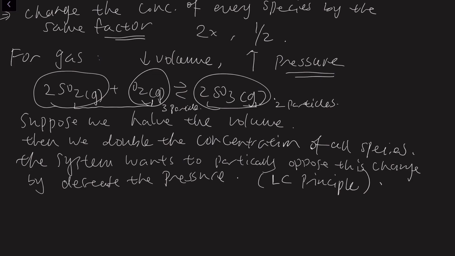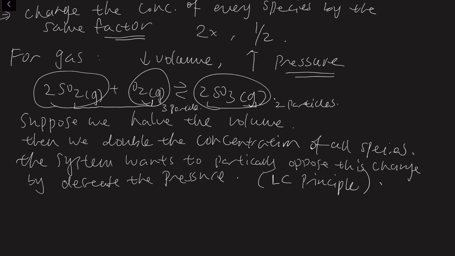So which side of the reaction would decrease the number of particles in your system? It's the forward reaction. So you are using up 3 particles, but only producing 2. So 3 becomes 2. So this decreases the amount of particles in your system. And if you decrease the amount of particles in your system, what you are effectively doing is reducing the pressure.